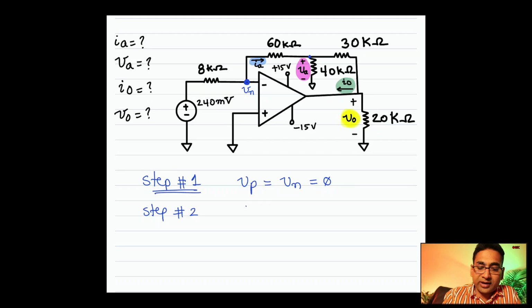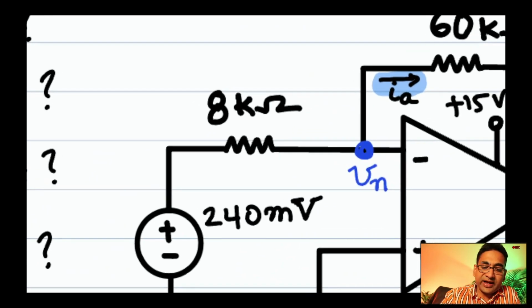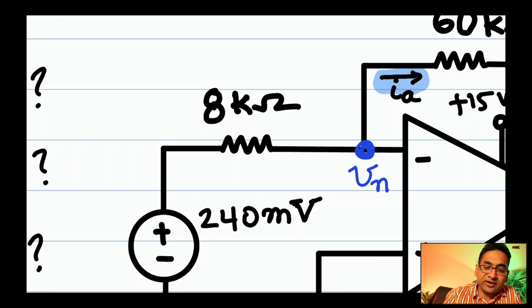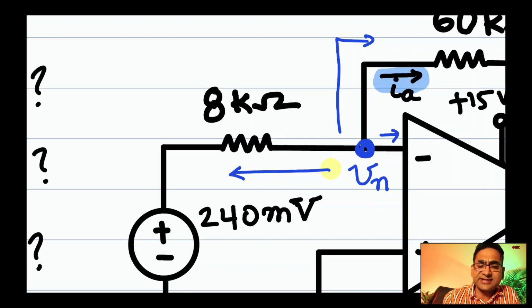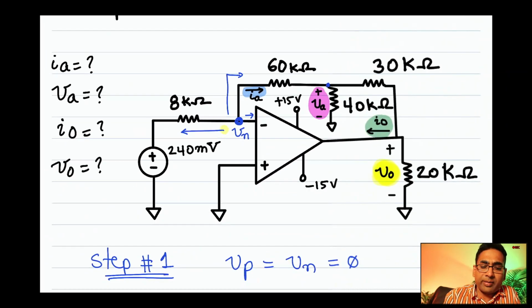Step 2, we start out by writing KCL at node Vn. There are 3 currents flowing in there. There's one current flowing to the left, there's another current flowing that way, and here is another current IN, which is really 0. The current going into the op-amp is 0.